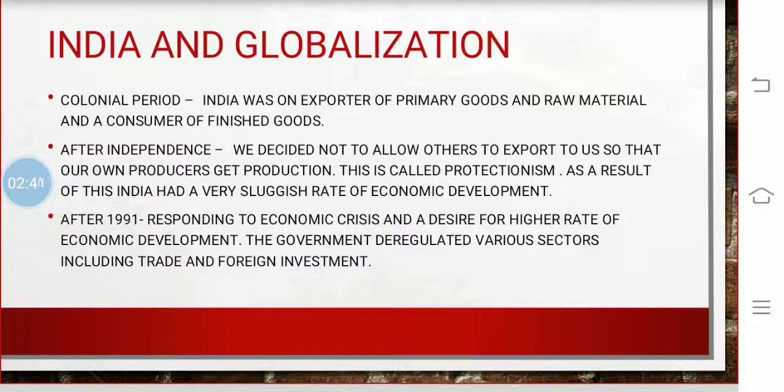The resources were taken by the Britishers as raw materials at very low cost, and they used to refine the raw materials and sell them as finished products at very high prices. So this was the thing that was going on with us.